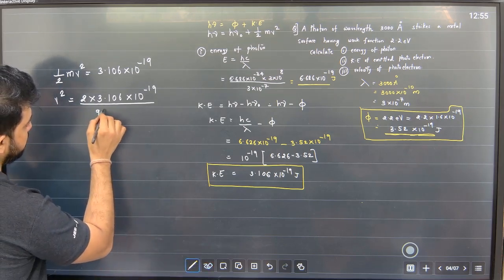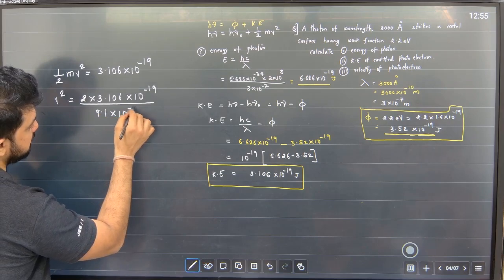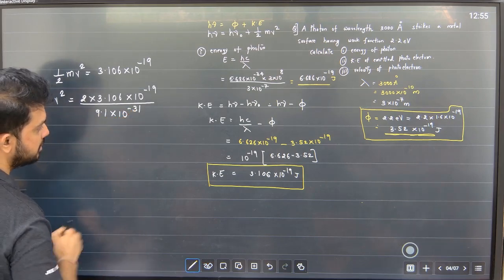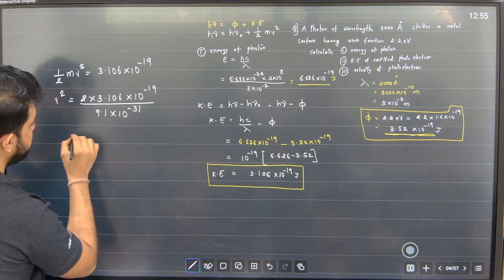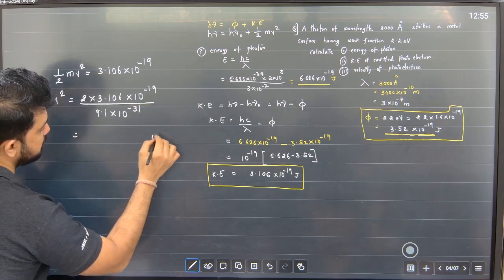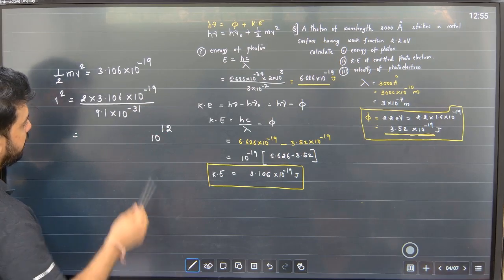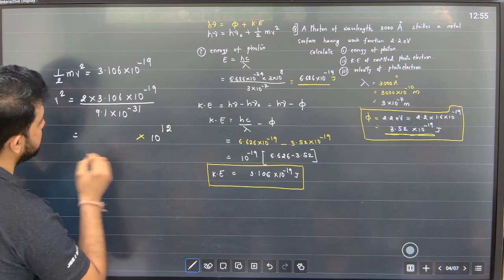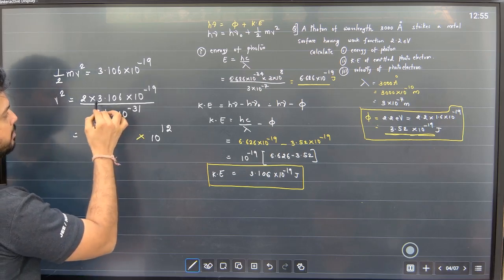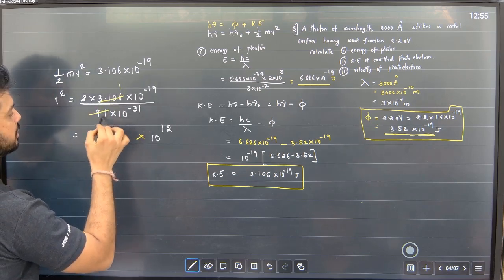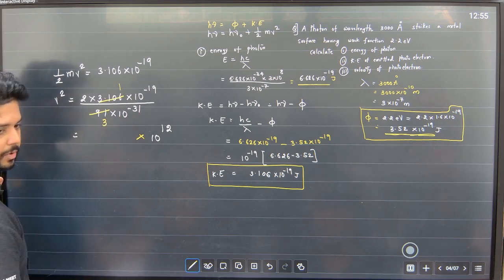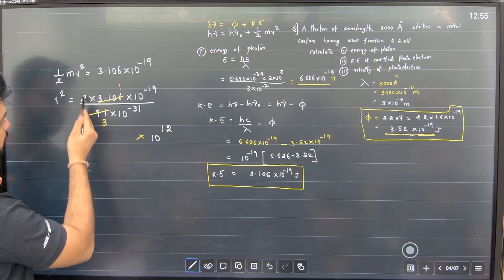Excellent. 9.1 into 10 raised to minus 31. Minus 31 goes up. That becomes 10 raised to 12. And what will this become? This is 3.1. This is 9.1.